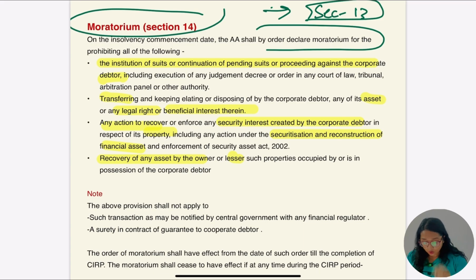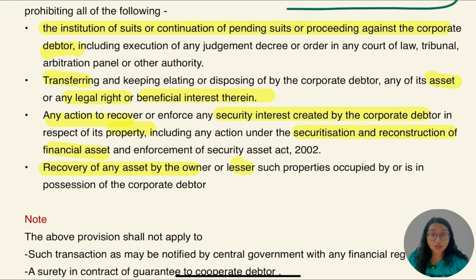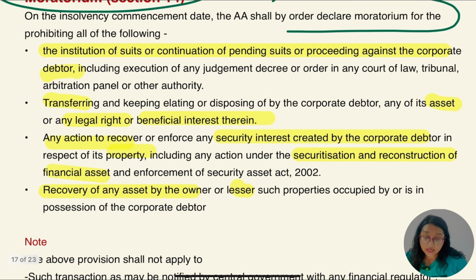They cannot take possession or recover any assets. Under SARFAESI 2002, the action to recover or enforce security interest created by the corporate debtor would again be prohibited, or any institution of suit or continuation of pending suit or proceeding against the CD would again be prohibited under this section.